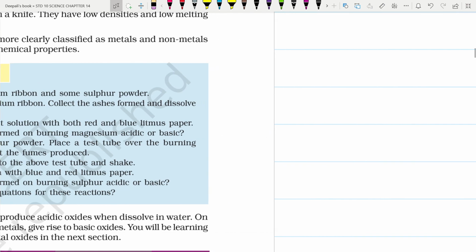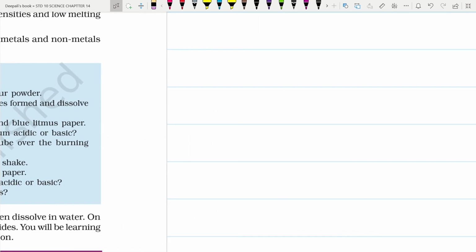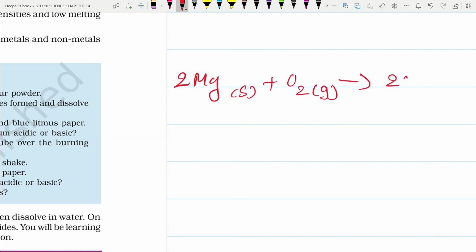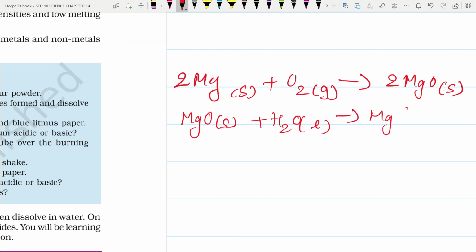If you write the equation for this, you will get 2Mg solid plus O2 gas gives 2MgO, which is again a solid. Then you have MgO solid plus H2O liquid gives Mg(OH)2 aqueous.